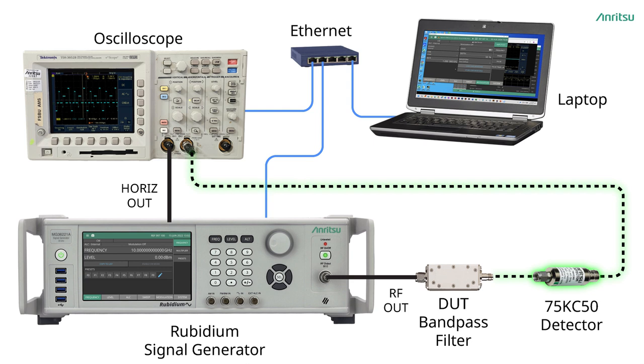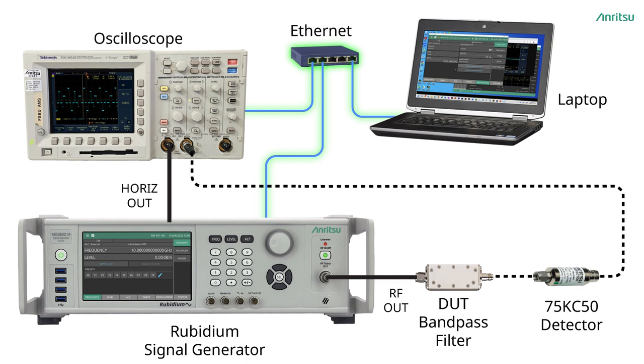The output of the detector is connected to channel 2 of oscilloscope. Rubidium's horizontal output available on the back panel is connected to channel 1 of the oscilloscope. Ethernet ports of Rubidium and oscilloscope are connected to my PC through an Ethernet switch.